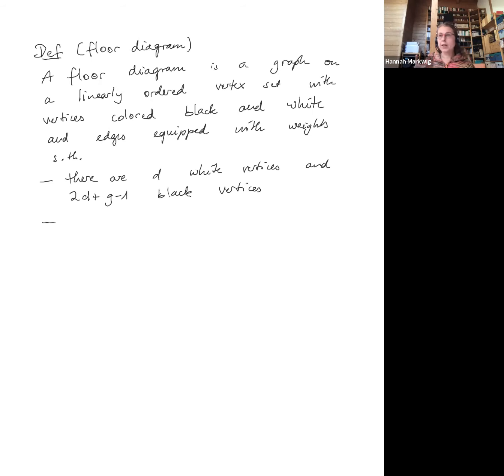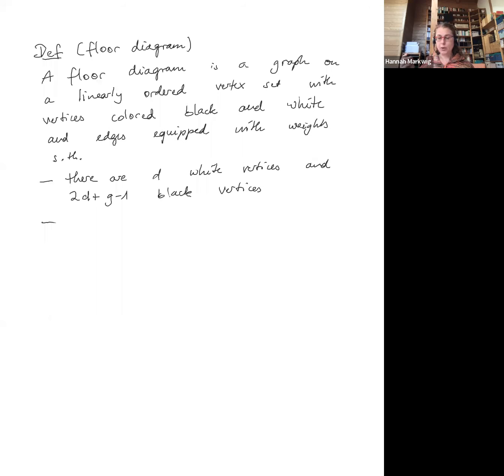The definition continues, but before we do that, I want you to think of this definition as describing those diagrams which are produced from floor decomposed tropical plane curves passing through horizontally stretched point conditions. If we view floor diagrams like that already now, we can explain why the definition is made the way it is.